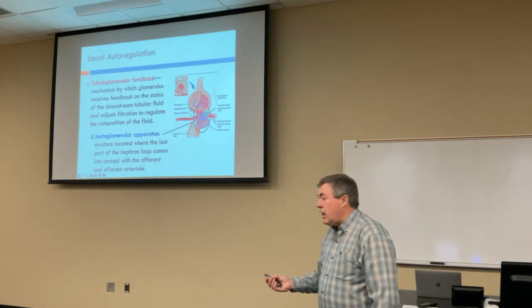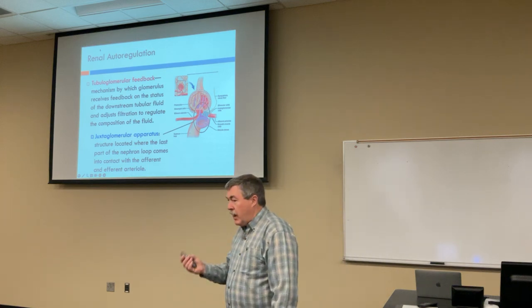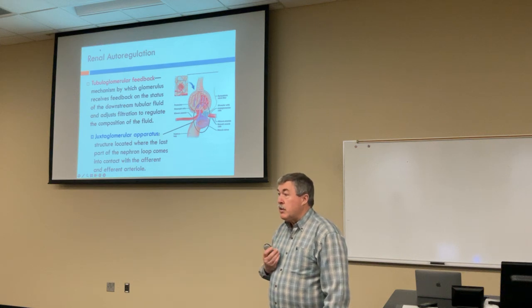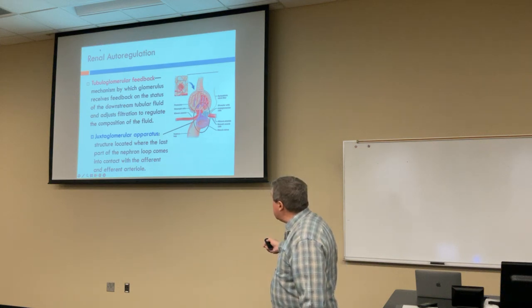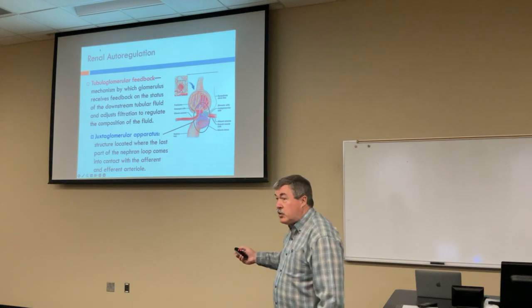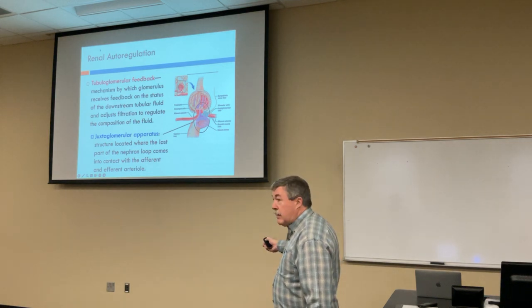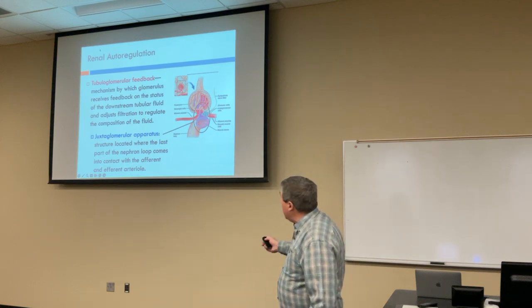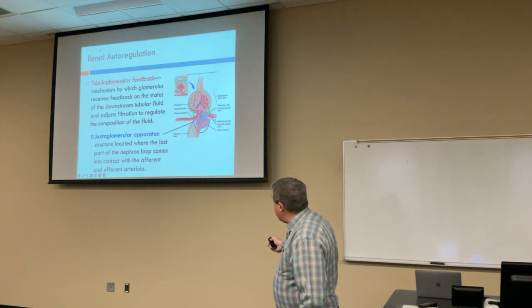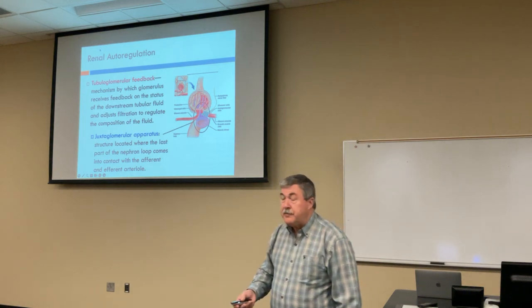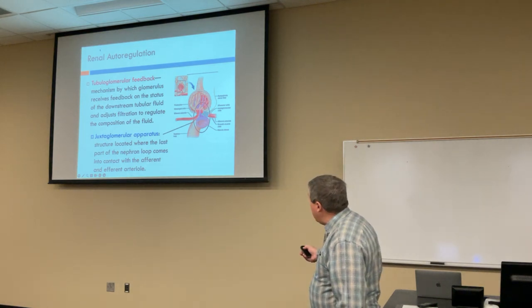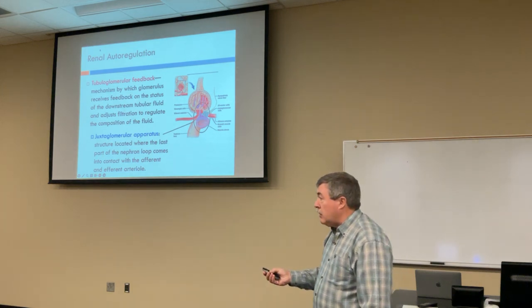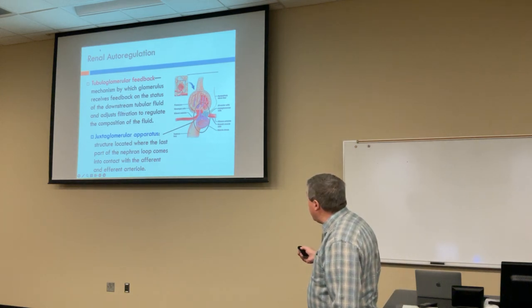So not as much sodium will be reabsorbed. That increases the concentration of sodium in the filtrate in this part of the nephron, where the macula densa is located. Okay, so the macula densa cells sense the amount of sodium, and if they sense an increase, they call it the sodium load of the filtrate.